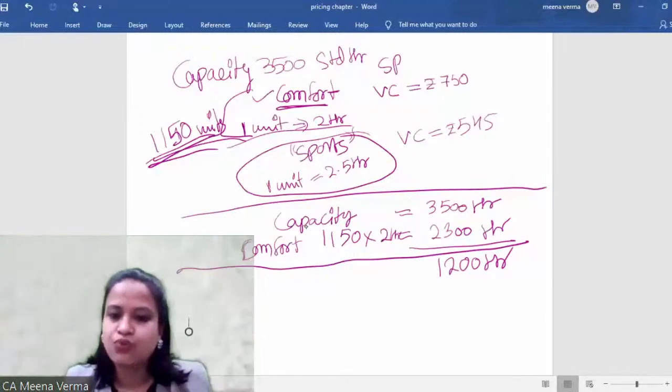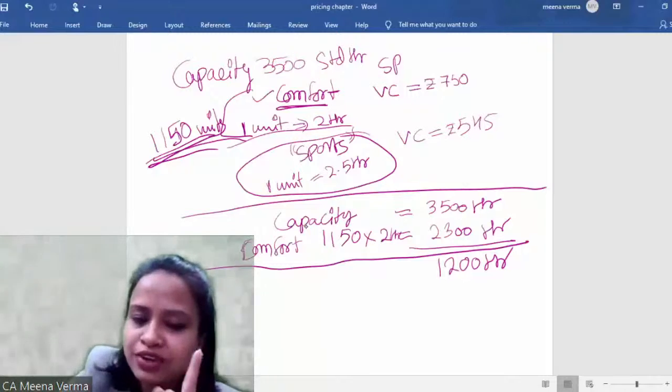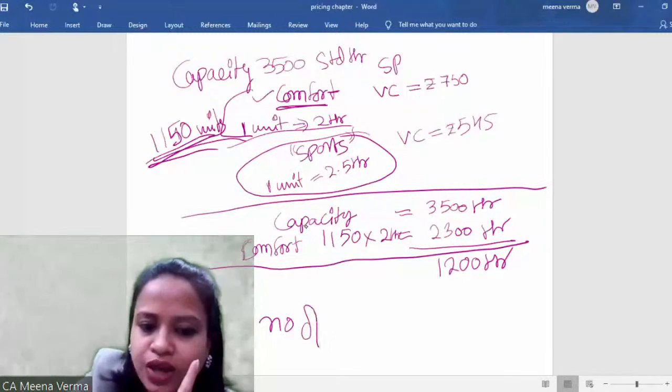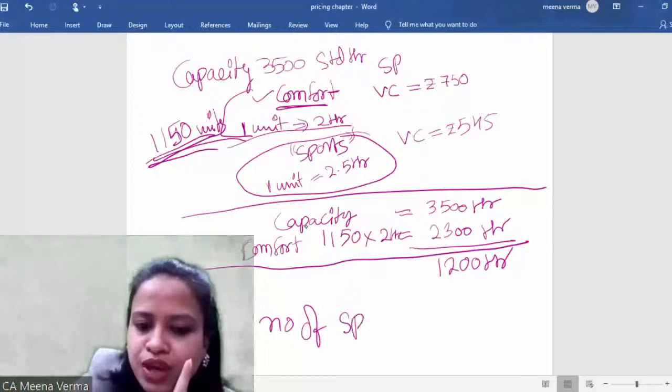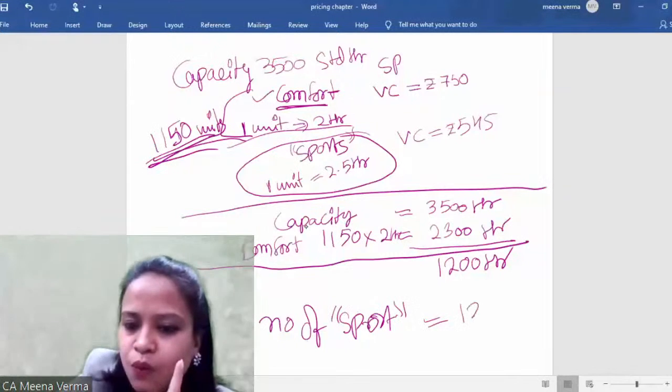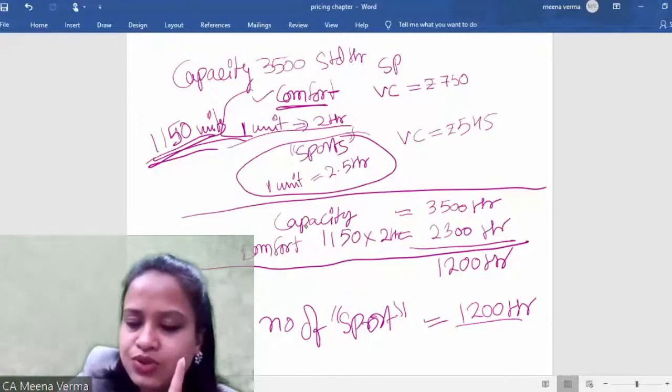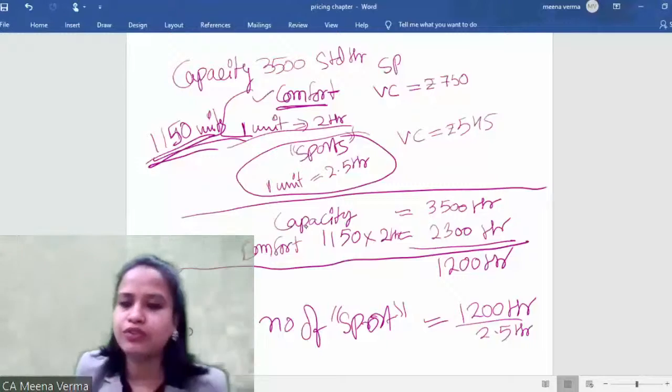For one sports product they need 2.5 hours. So the number of sports products they can produce is spare capacity divided by 2.5. For one unit they need 2.5 hours.